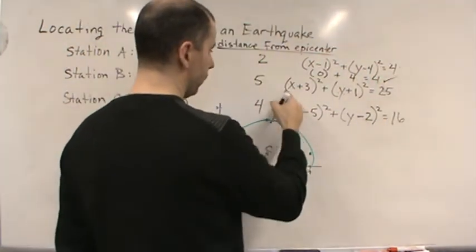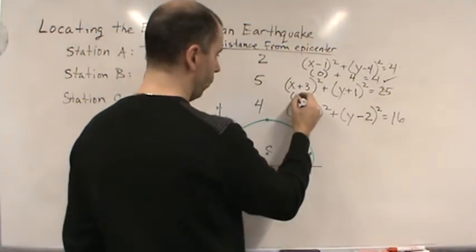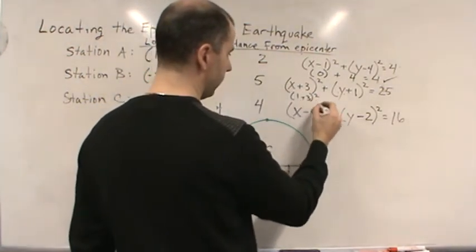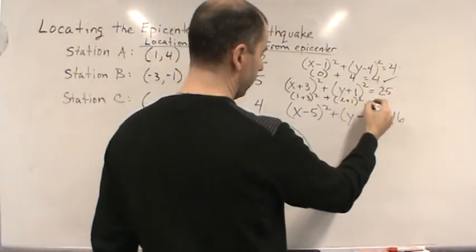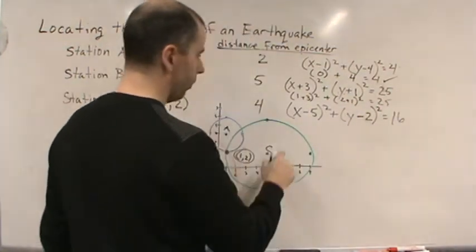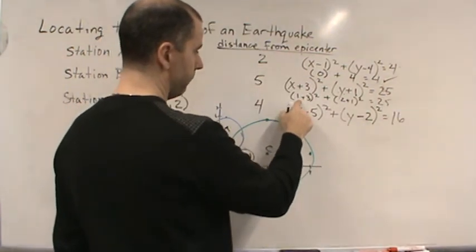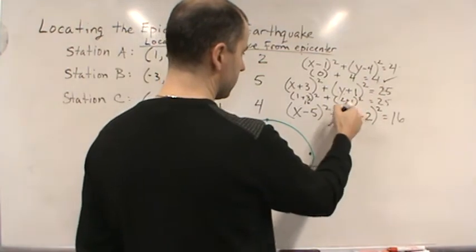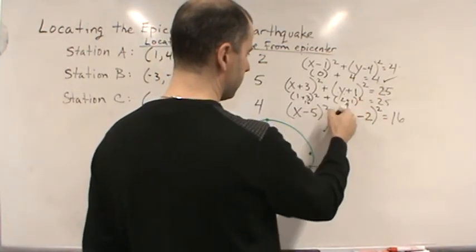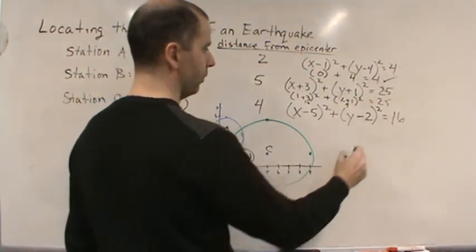And again, if we plug in (1, 2) here, we get (1 + 3)^2 + (2 + 1)^2 = 25. Well, this gives us 4 squared, which is 16, plus 3 squared, which is 9, and 16 plus 9 equals 25.